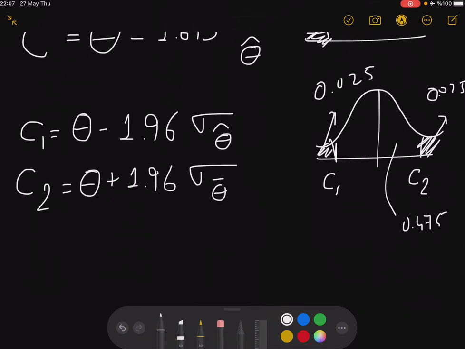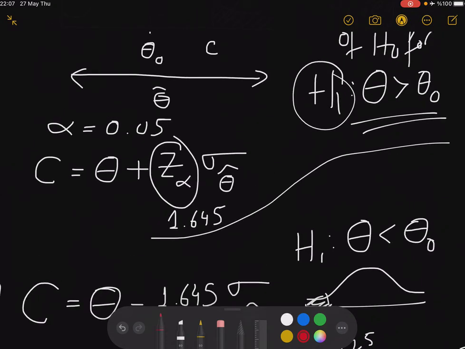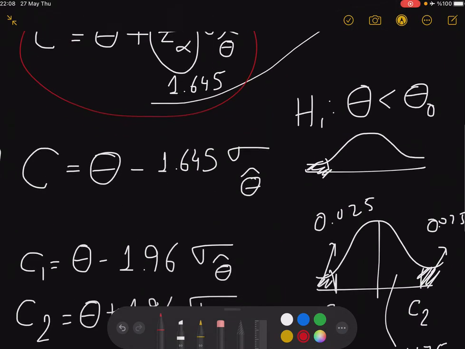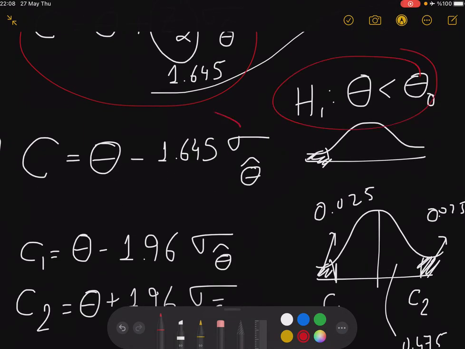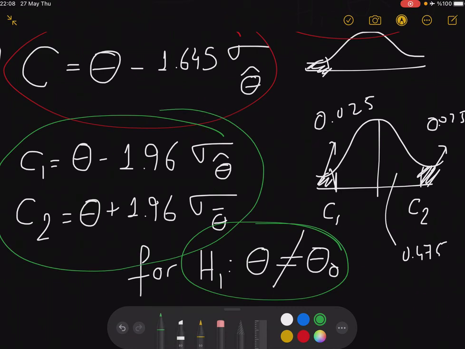And what would be your alternative hypothesis in this case? H1 is theta not equal to theta 0. You see, these are all the possible three alternative hypotheses. For this one, it is this critical value, for this one, it is this one, and for the not equal to case, it is this set of threshold values. Okay.